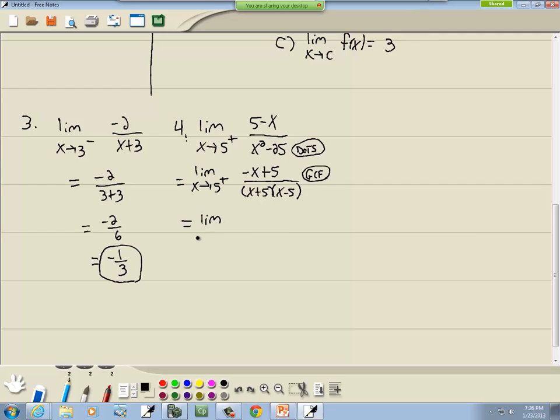So we got the limit as x goes to 5 from the right-hand side. Take out a negative 1, and that gives us x minus 5. So then we've got x plus 5 times x minus 5. Now remember, after you factor the top and factor the bottom, if you can cancel something, go ahead and do that. These x minus 5s are going to cancel.